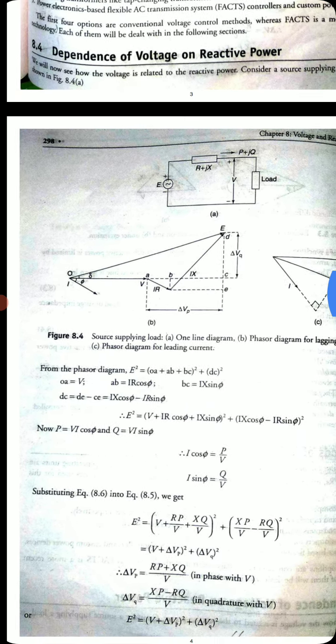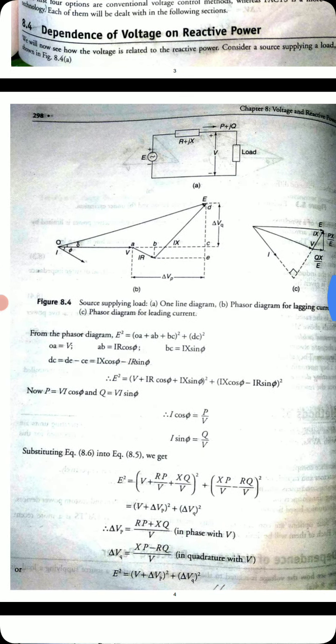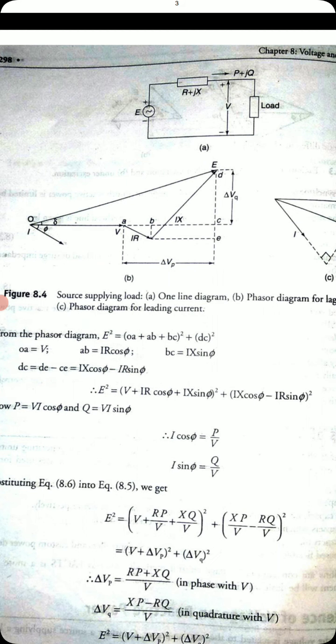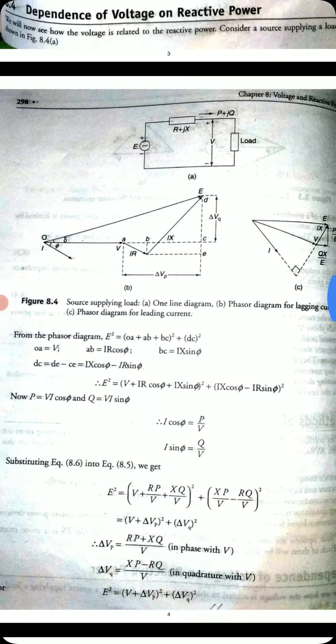Now we will see the phasor diagram from 8.4b. We will write E square is equal to, you can see there. We will consider the triangle O, C, D. You can clearly see this is a right angle triangle.